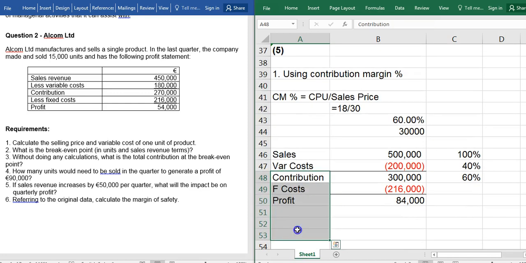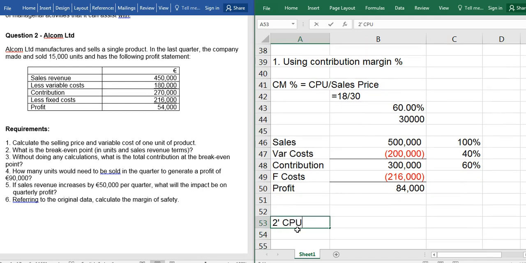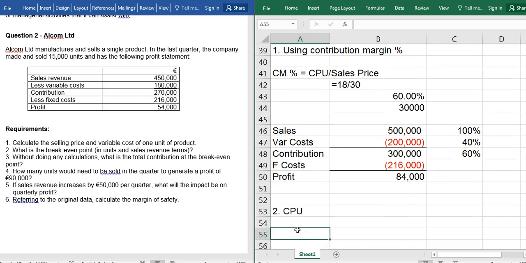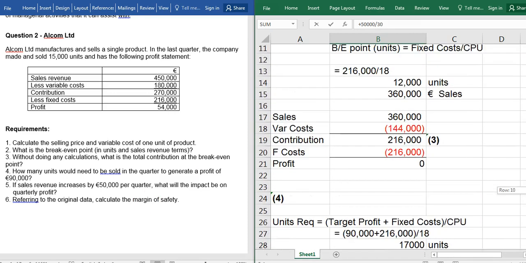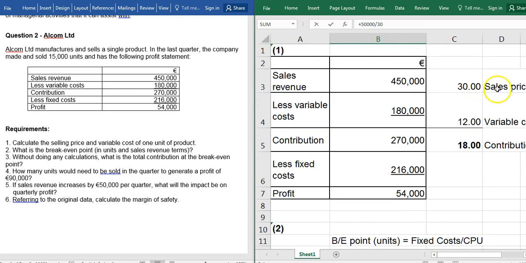So the alternative way is using the contribution per unit, which we're used to, using your CPU. Because we're given it in sales revenue, we first need to figure out what extra units that means. So if we sold 50,000 extra sales, you get your 50 divided by 30, because each unit we're assuming is sold for €30 a unit.